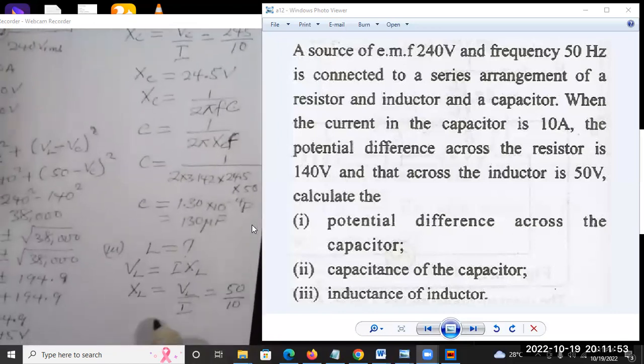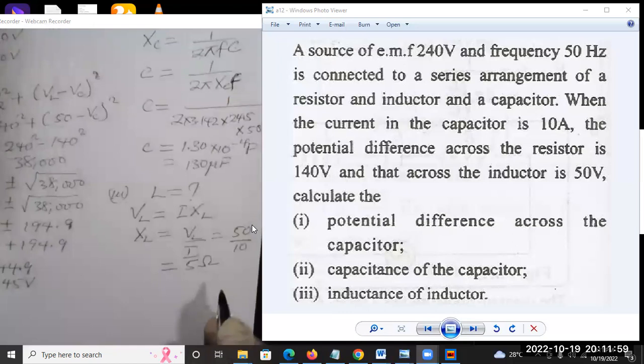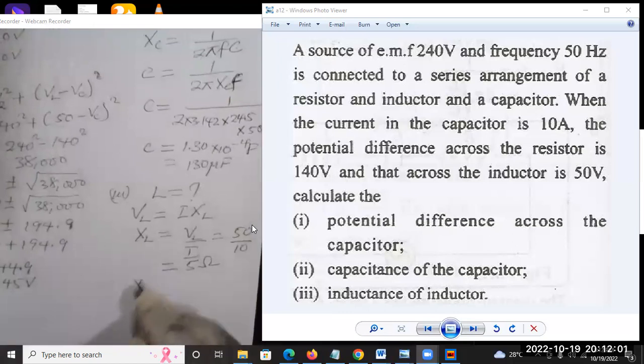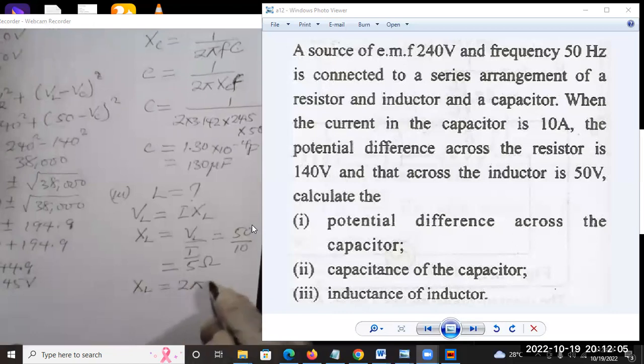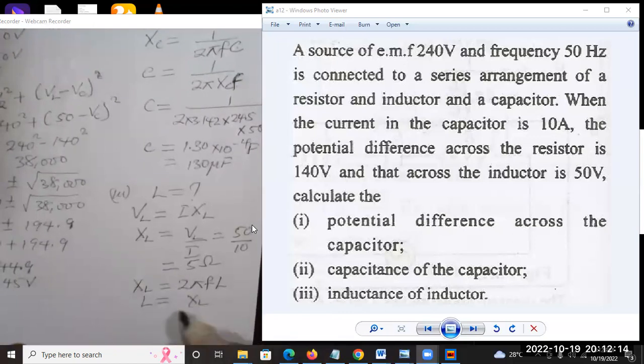So this will give us 5 ohms. Well, we know that the inductive reactance is 2 pi times the frequency times the inductance.